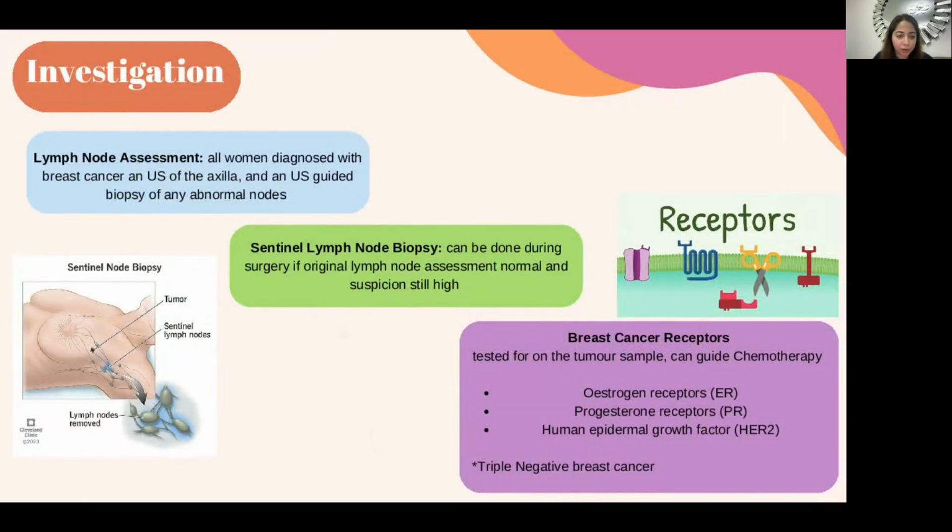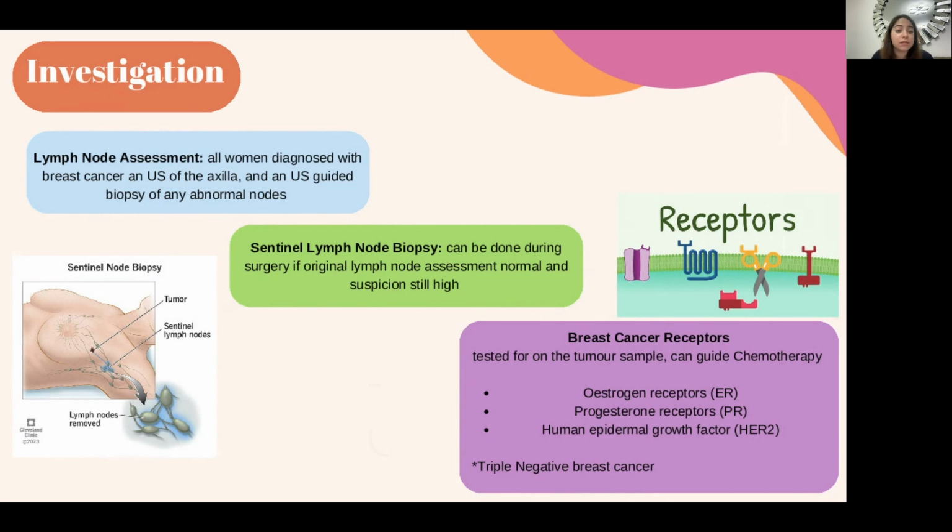So just a little bit more about the different investigations that we have available for breast presentations, especially breast cancers. The patients can have lymph node assessments. So anyone who's diagnosed with breast cancer can have an ultrasound-guided biopsy of any abnormal nodes, especially if they have any concerning features in their axilla.